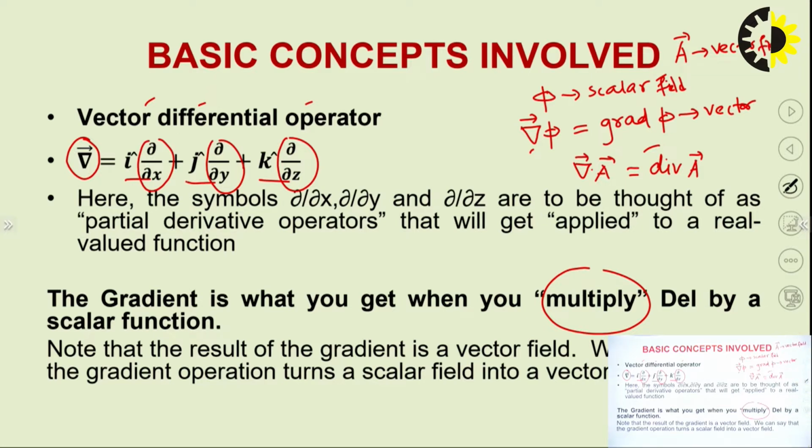If you apply this del operator on a vector through dot product, we get divergence of A. Any quantity which diverges or converges. Since this is scalar, either it will be positive or negative. If it is positive, this is a diverging field. If this is negative, this is a converging field.